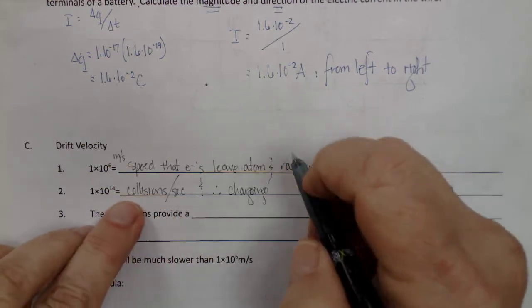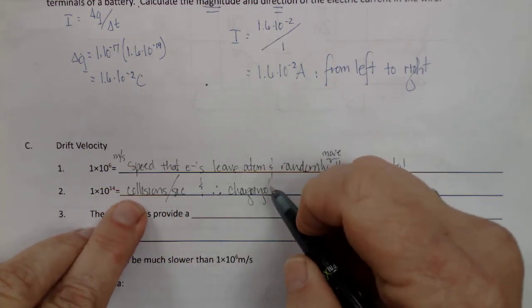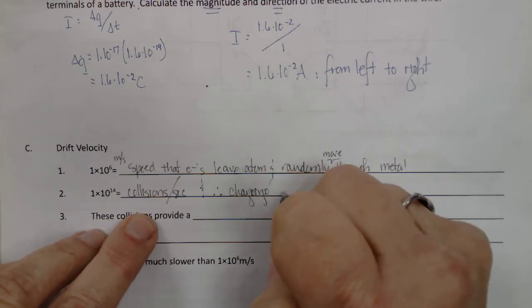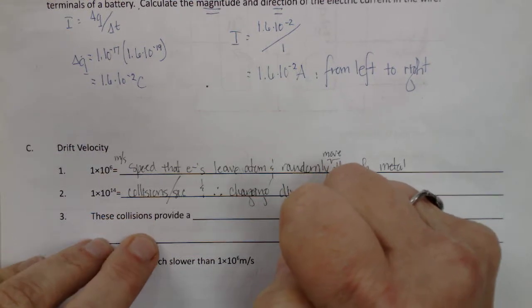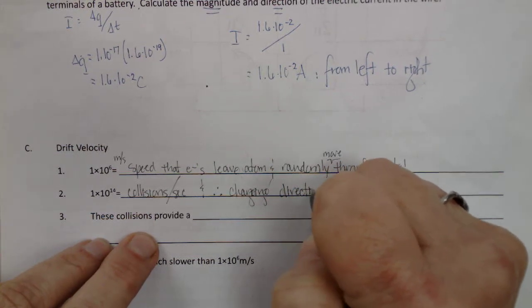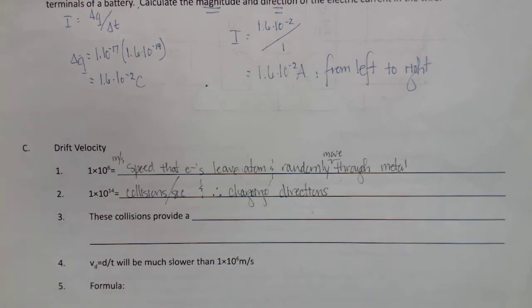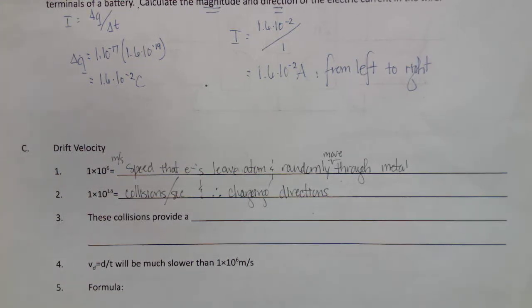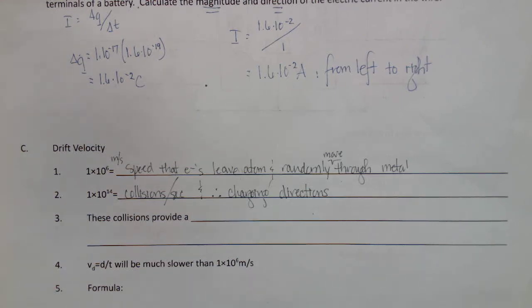They make 1 times 10 to the 14th collisions per second, so they're changing directions. If I don't have a potential difference attached to them creating an electric field, they're just going to randomly move in all directions and make no net change towards any one thing.